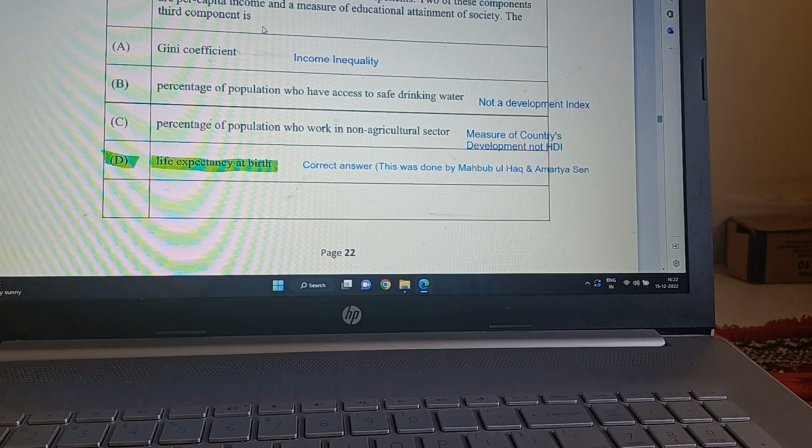This is a development index, but for the country as a whole, and it measures not the human beings but the country as a whole. So this is not the third one. And the fourth one, option D, is life expectancy at birth. So this is the correct answer. And this was done, as I said, by Mahbub ul Haq and Amartya Sen.